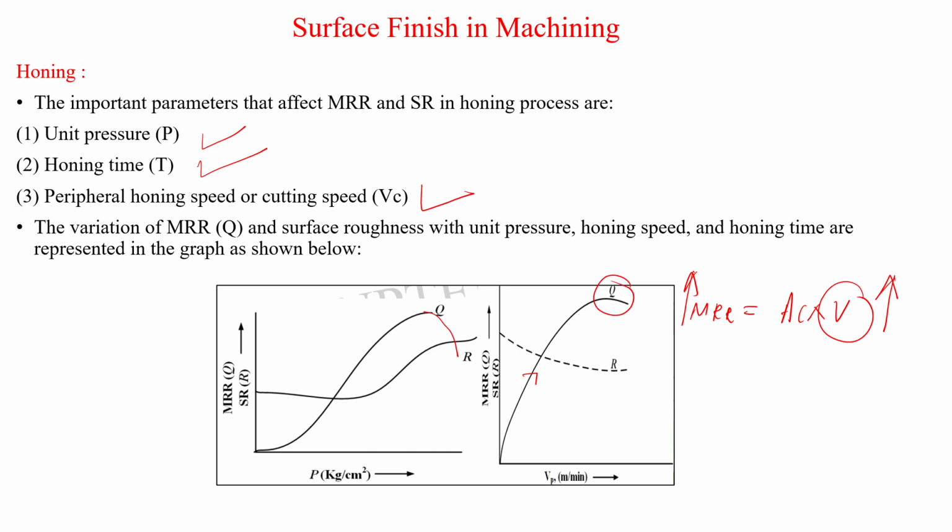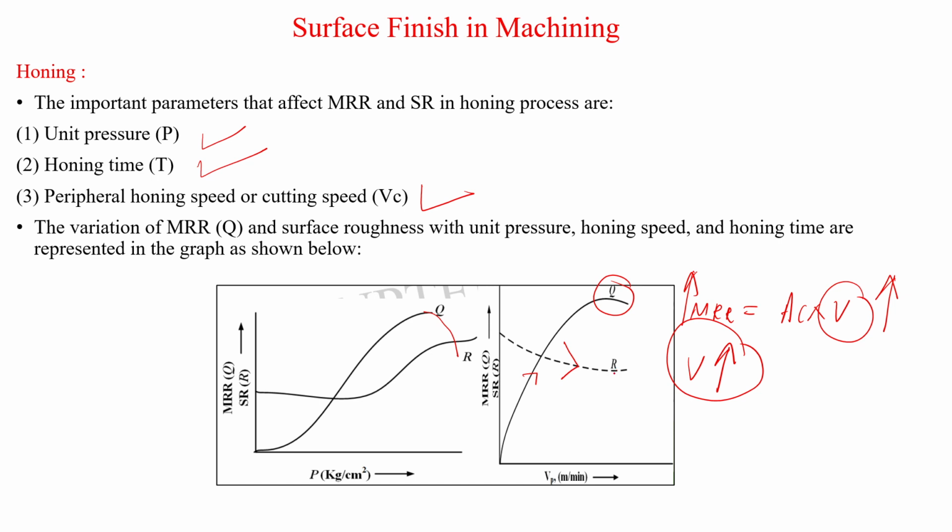But generally with V, MRR increases. Now with SR, when the speed is very high, the abrasive will cut the workpiece at very high speed and have a very harsh contact with it, so as speed increases, surface finish decreases.